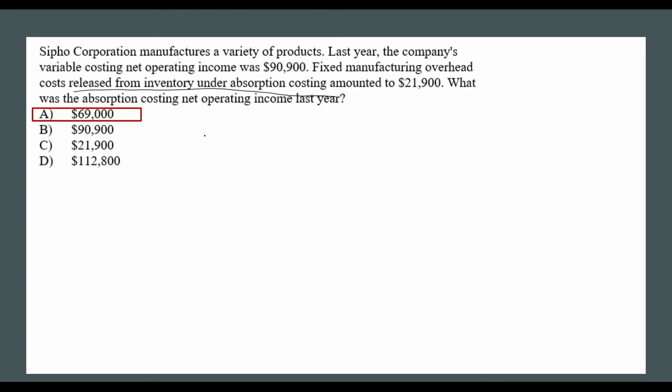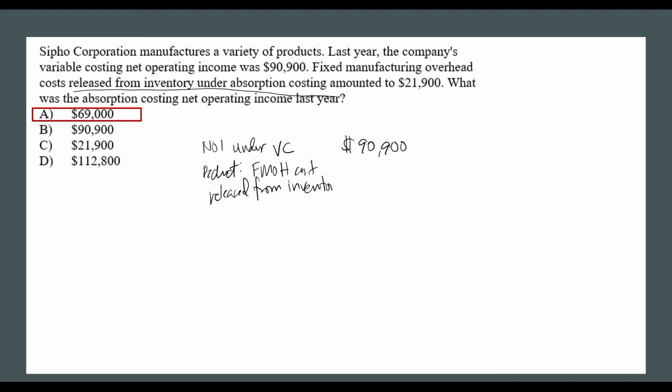So how do we solve this one? We have the net operating income under variable costing of how much? 90,900. And then we deduct the fixed manufacturing overhead cost released from inventory under absorption costing of 21,900.